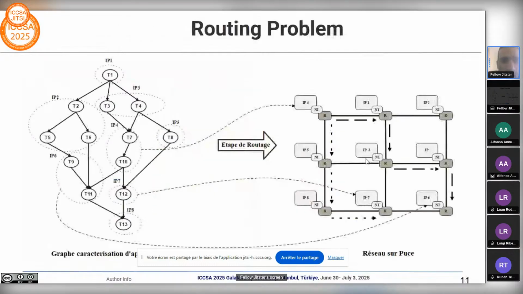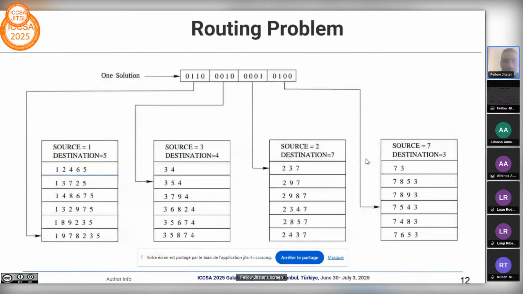The problem of routing data is to find a route between a source and destination. This is an example of routing, and we can find many routes between the same source and destination. To model this problem, we must create a solution.